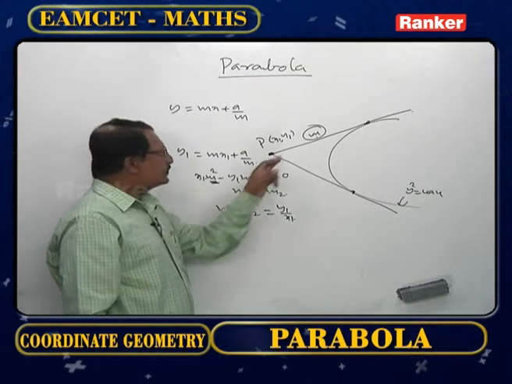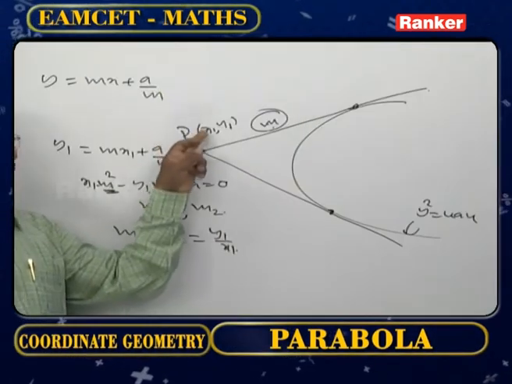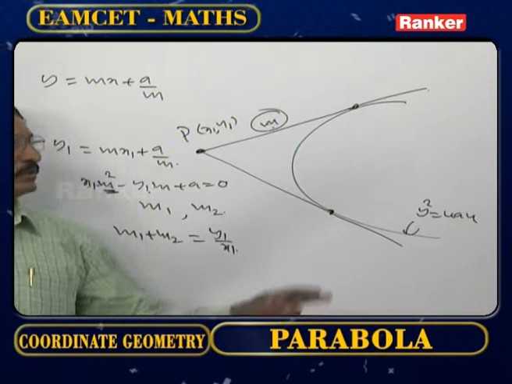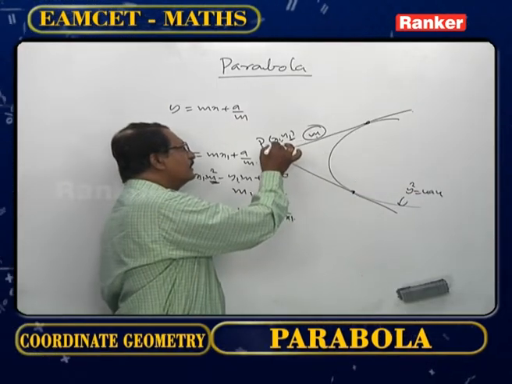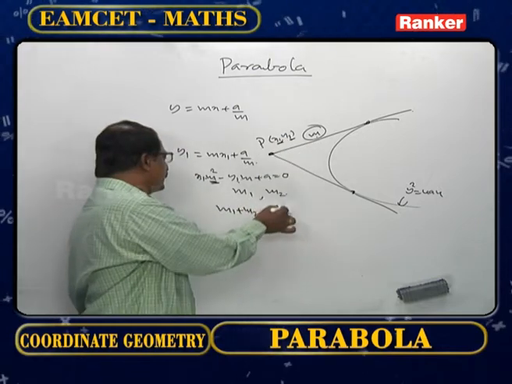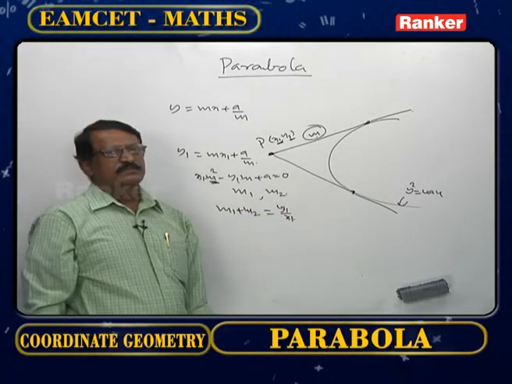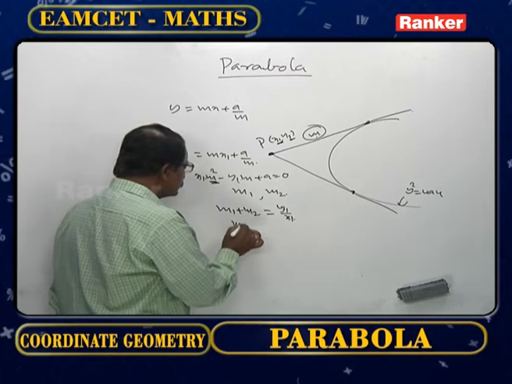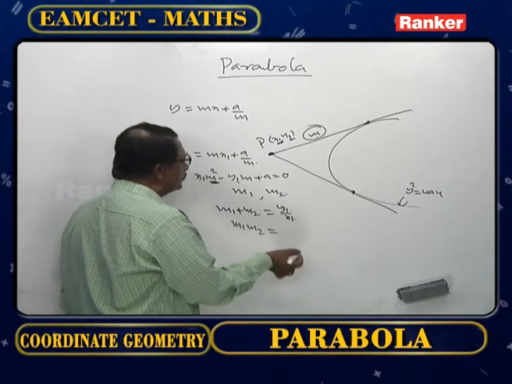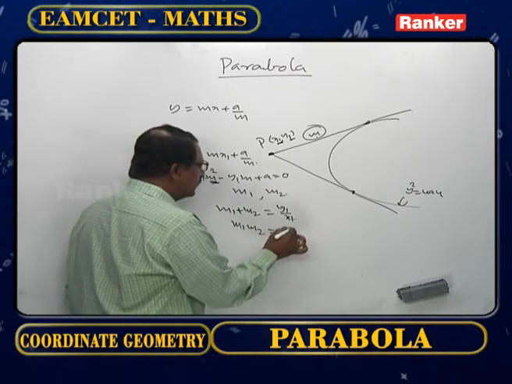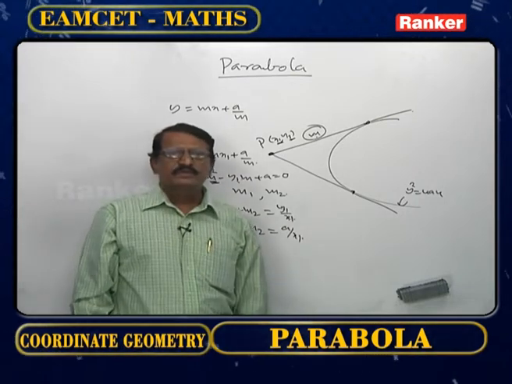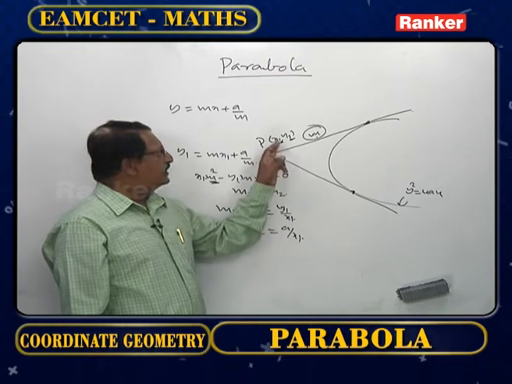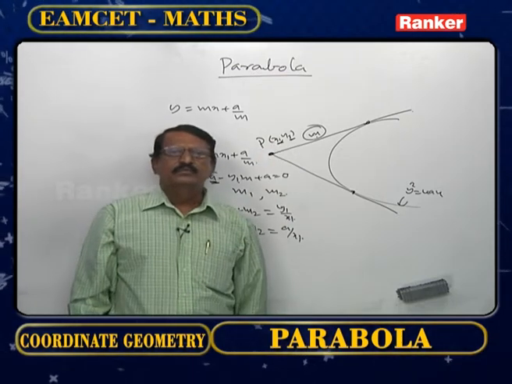So the sum of slopes of the pair of tangents drawn from (x1, y1) to the parabola y square equals 4ax is y1 by x1. Similarly, the product of slopes m1 m2 equals c by a, which is a by x1, that is, 1/4 of the latus rectum by the x coordinate of the given point.